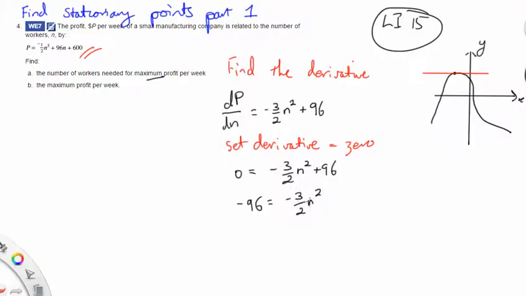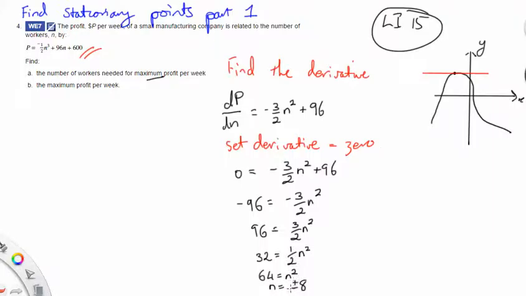Okay, we can cancel the negative signs. Now there are a couple of ways to do this. I'm going to divide both sides by 3. So 96 divided by 3 is 32, equals a half N squared, and let me just check that that's right. Yes, it is. And then I'm going to times both sides by 2. 64 equals N squared. Beautiful. N equals plus minus 8.